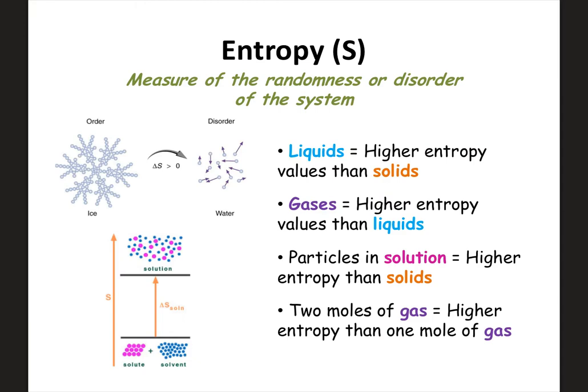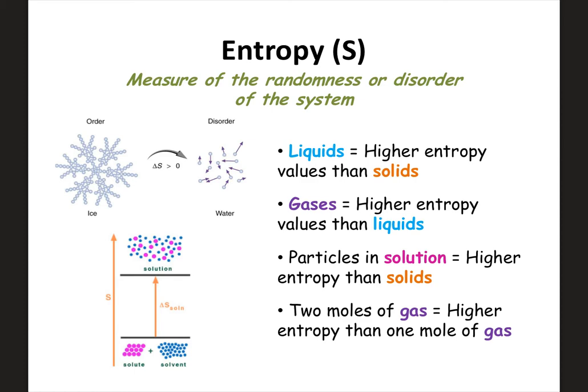Liquids are going to have a higher entropy value than solids, so liquids are more disorganized than solids. Think about solids, they're perfectly organized, perfectly arranged, and then when you get to a liquid, there's definitely less organization there. So if we look at a perfect snowflake, very nicely organized, very nicely arranged, low entropy, but then when you melt it, the entropy is going to increase.